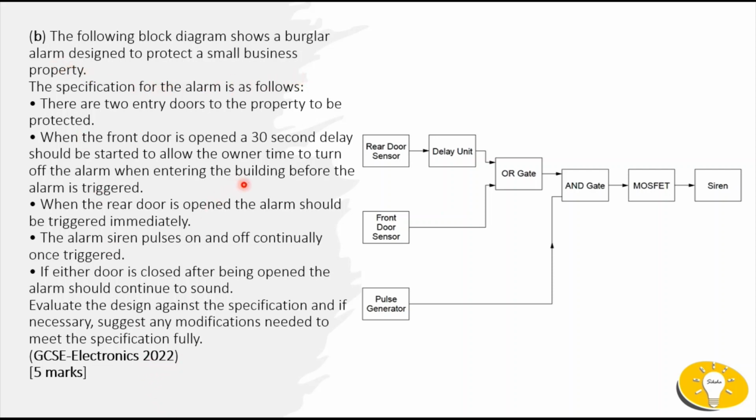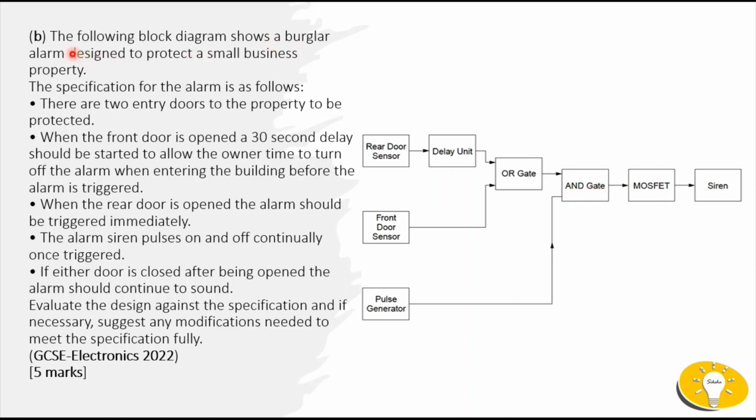In 2022 they changed the style a little bit, and in this question they have asked you to comment on the block diagram. There is some error in the block diagram and you have to identify that error.